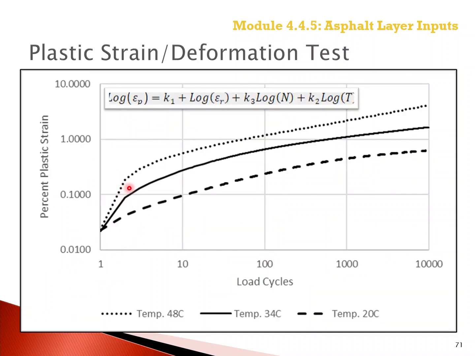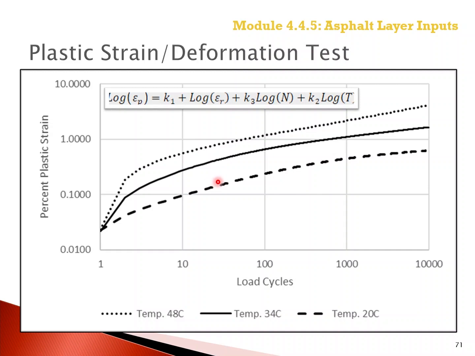This slide provides an illustration where the repeated load plastic deformation test was measured on an asphalt mixture in accordance with NCHRP Report No. 719.